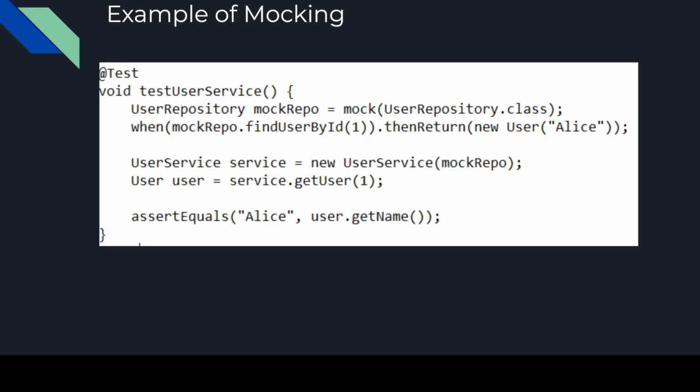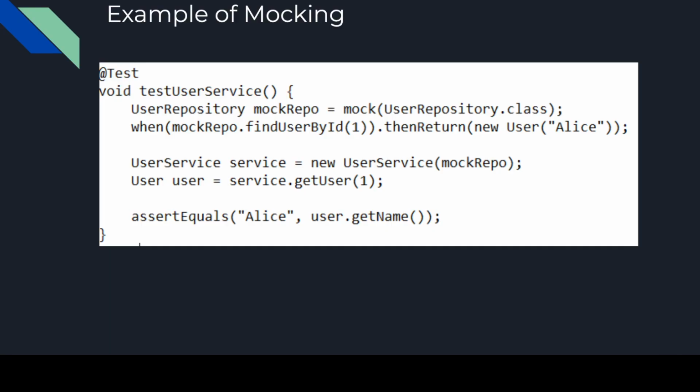So let's walk through the code example. In this test, we're testing a user service that depends on a user repository to fetch user data. Instead of using a real repository, we mock it. So @Test, void testUser, UserRepository mockRepo, mock UserRepository class, all that good stuff. Here's what's happening.